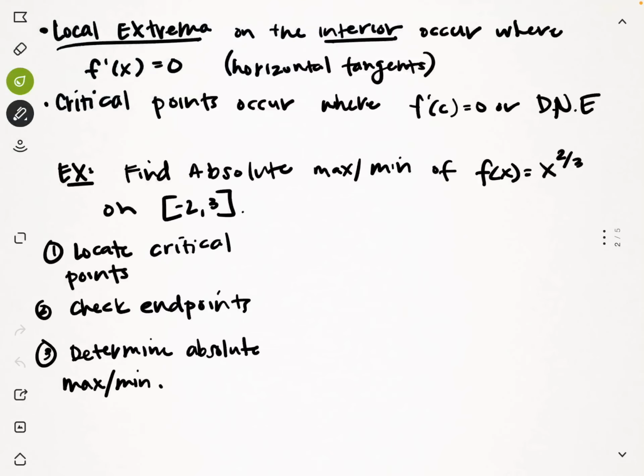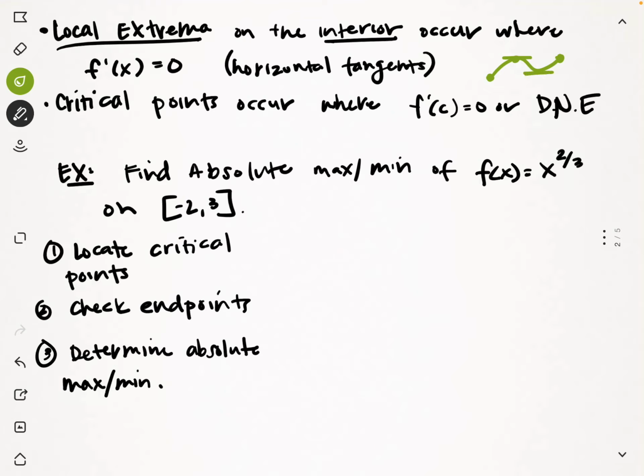Okay, so how we use calculus to find local extrema is on the interior of our graph, inside of our graph between the two endpoints, we're looking for where f prime of x is equal to 0. So we find the derivative, we figure out where the derivative is equal to 0, and that tells us where our local extrema are on the inside of our endpoints. Because the derivative refers to the slope, a slope of 0 means that we have horizontal tangents.